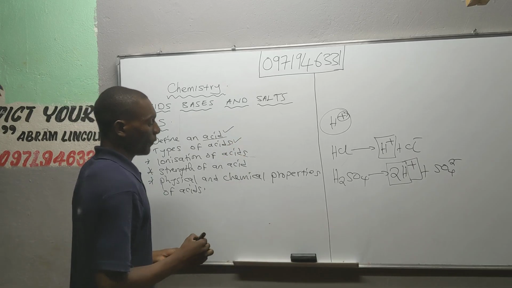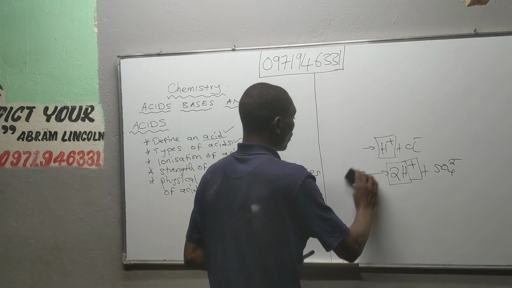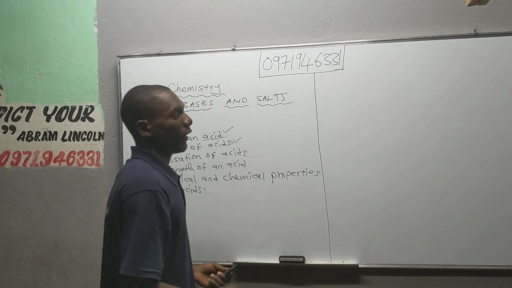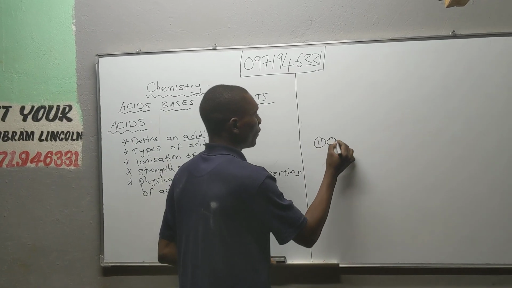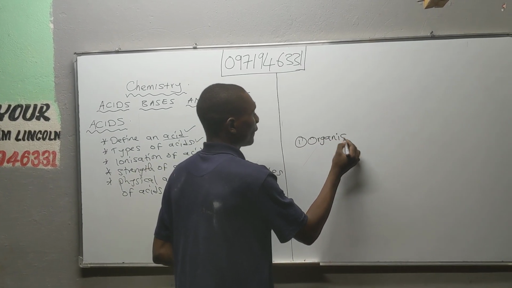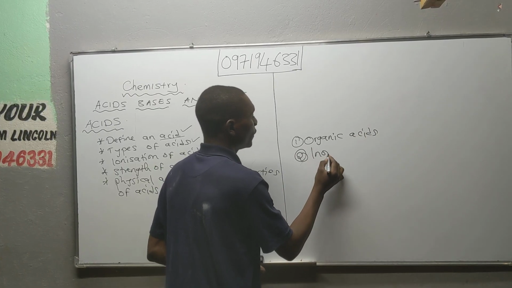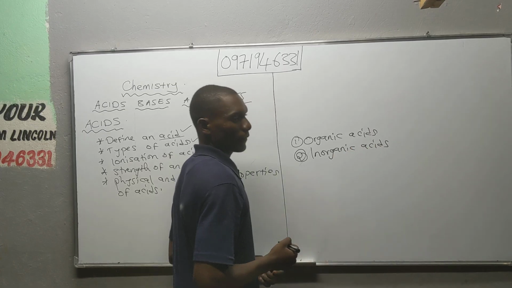Okay, we move on to the types of acids. When we talk of the types of acids, there are 2 major types, namely: number one, organic acids. Number 2, inorganic acids.